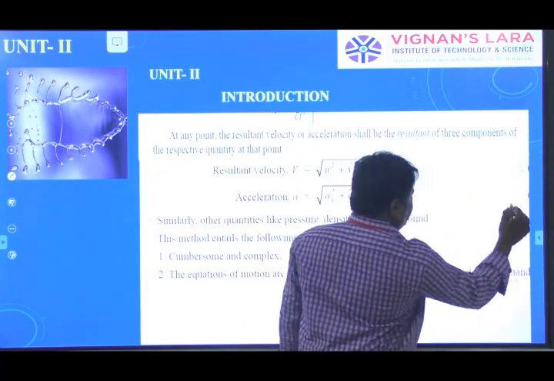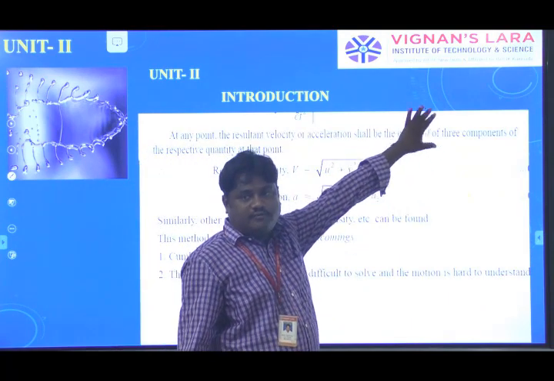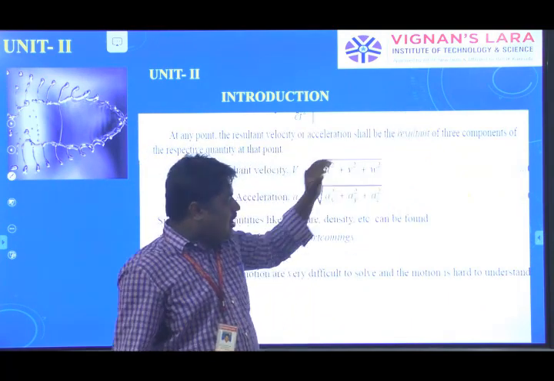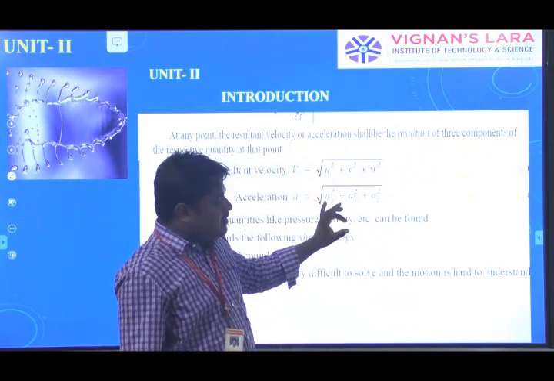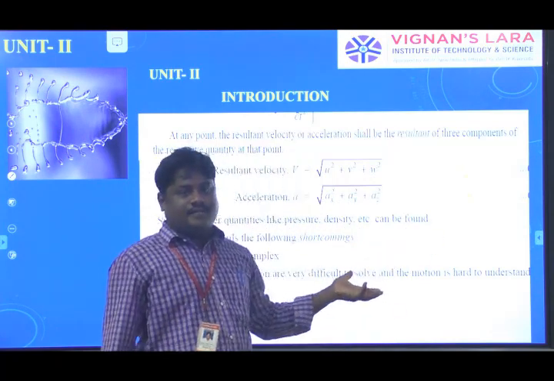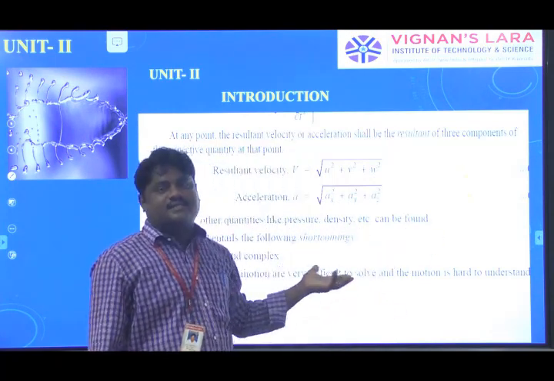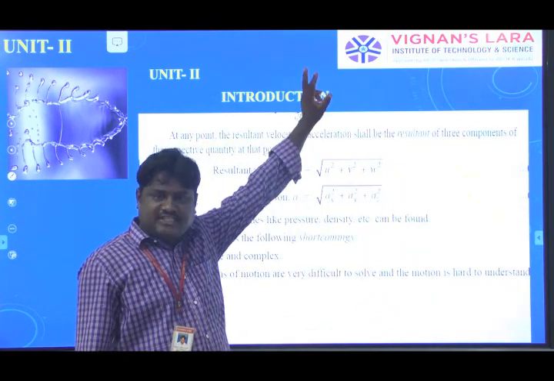These three conditions: the sum of all horizontal forces should be zero, the sum of all vertical forces should be zero, and the sum of all moments will be zero. Then we can say that the body is in equilibrium. This belongs only to engineering mechanics.